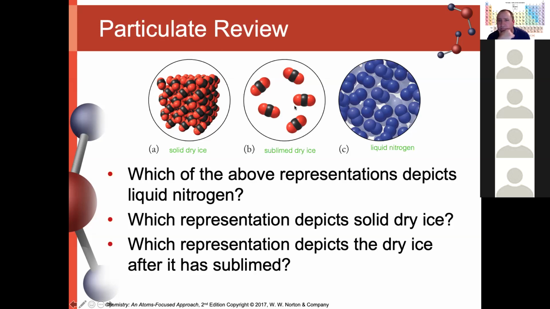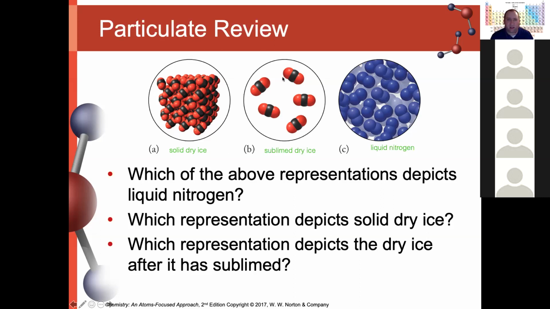What physical phase is our sublimed dry ice? Solid, liquid, or gas? It's going to be a gas. Yeah, this would be a gas.